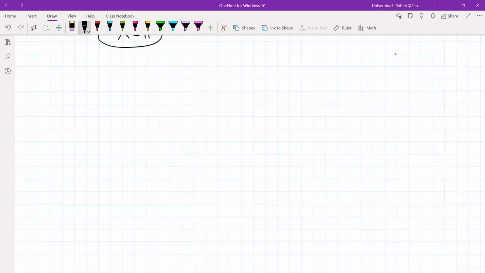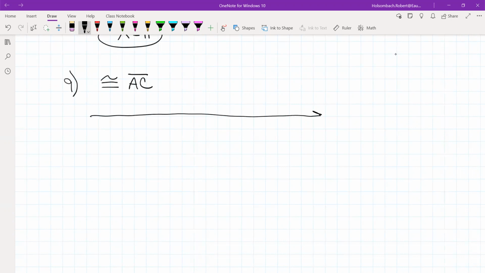Number 9. What segment is congruent to AC? And here's what we've got. We got A at negative 6.